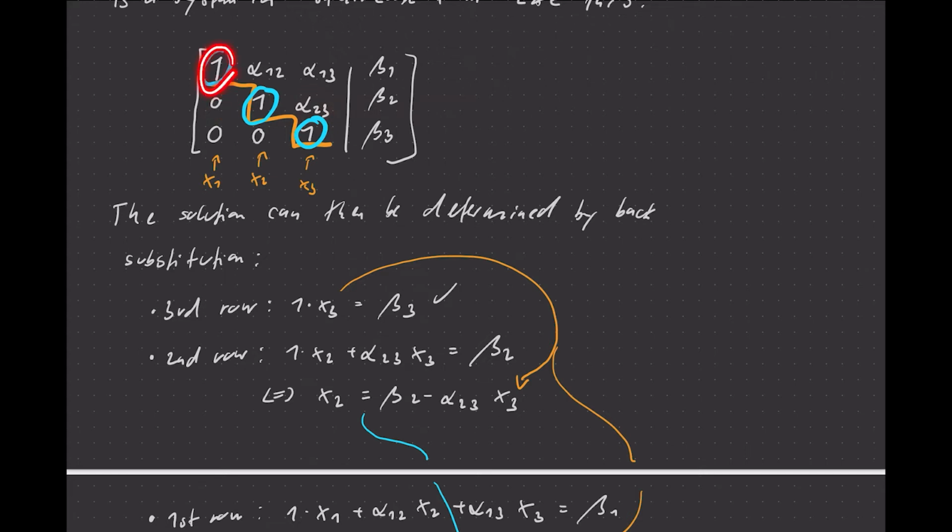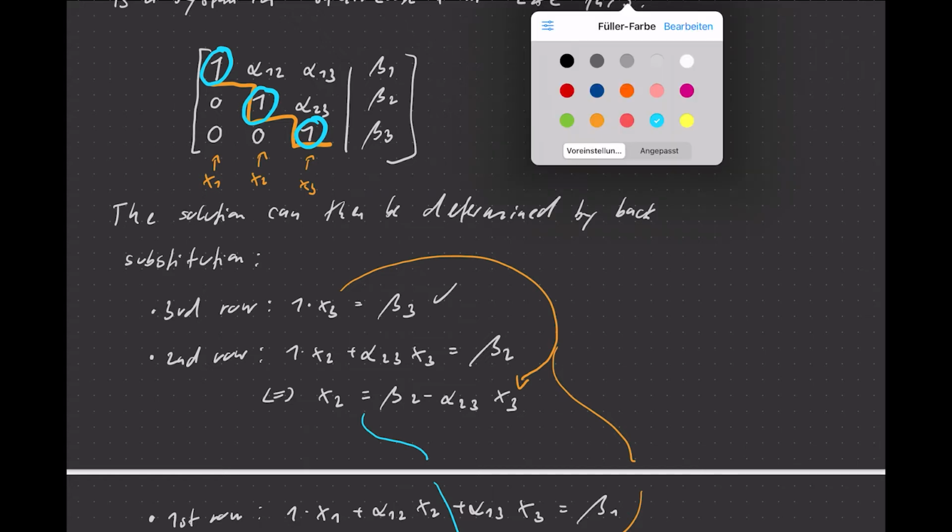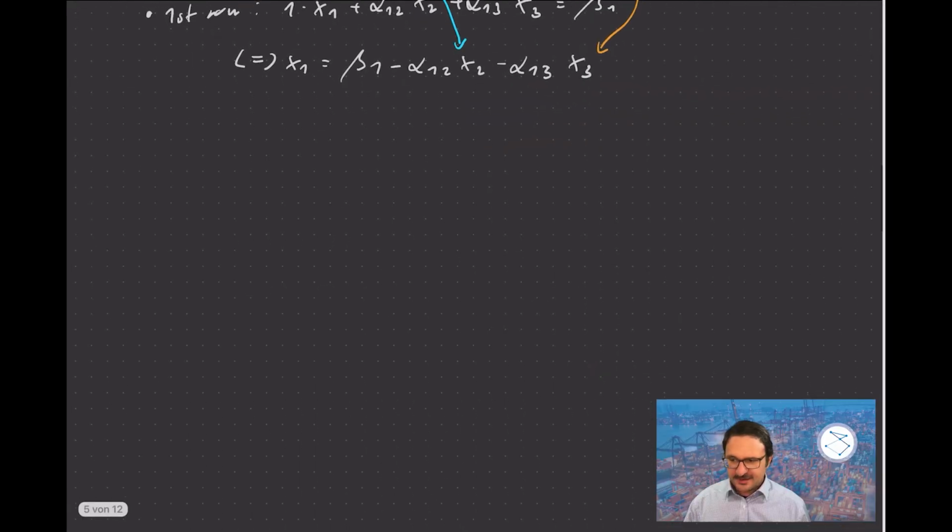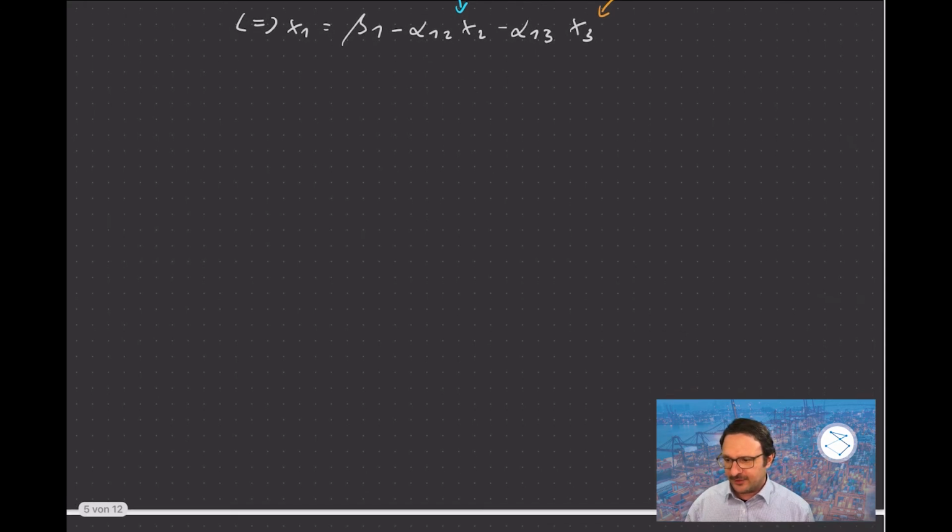And here we have x1 and variables to the right, x2 and x3, which we already know by working our way backwards. So this is a particularly easy case. And that's the case that we would want for a solution, right? So this staircase form is something that is very nice if we want to solve a system of linear equations.